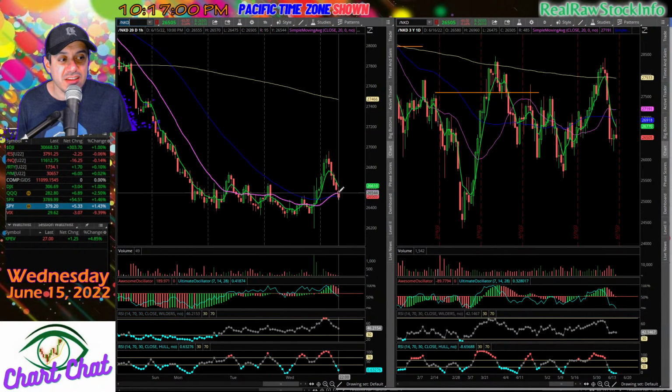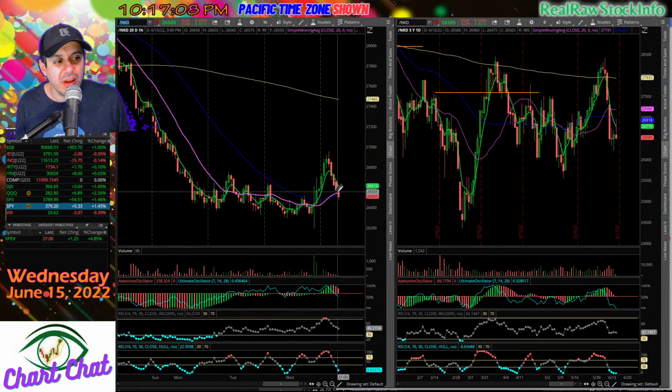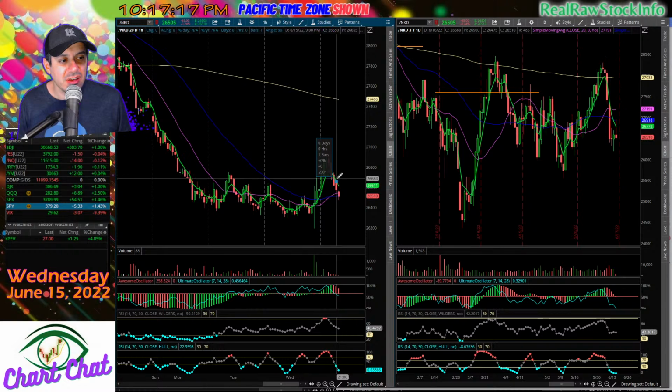Notice that it didn't do what the ES did. The ES came and bounced on here, but the Nikkei actually opened the hour all the way to the bottom. Gap down. So there'll be some resistance here, being that it gapped.